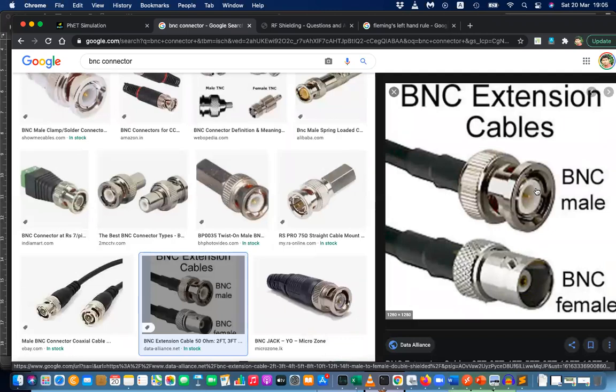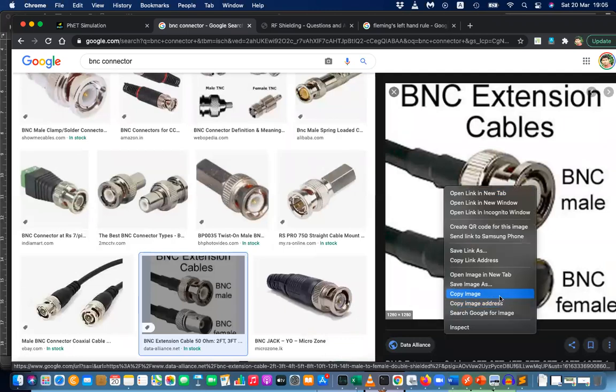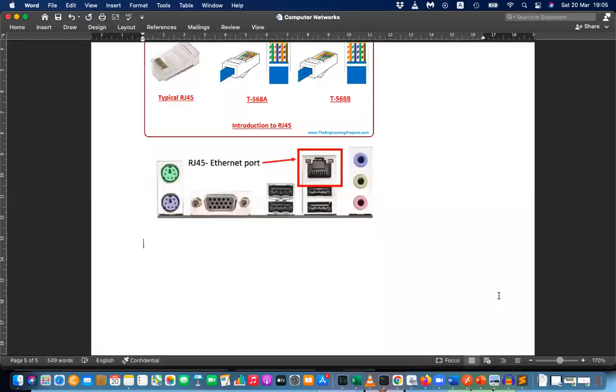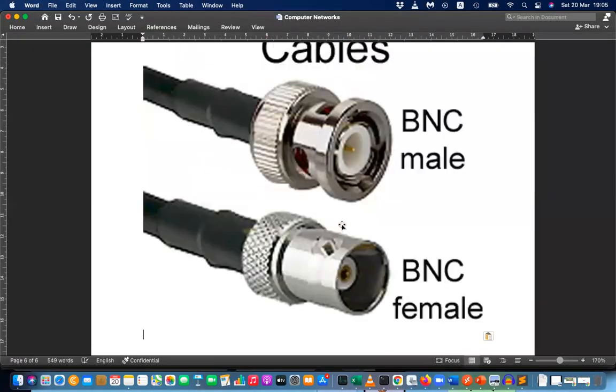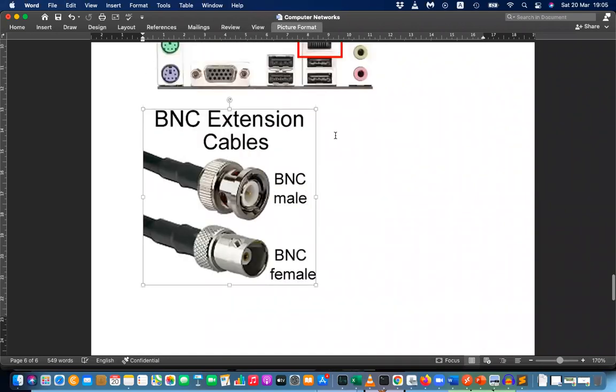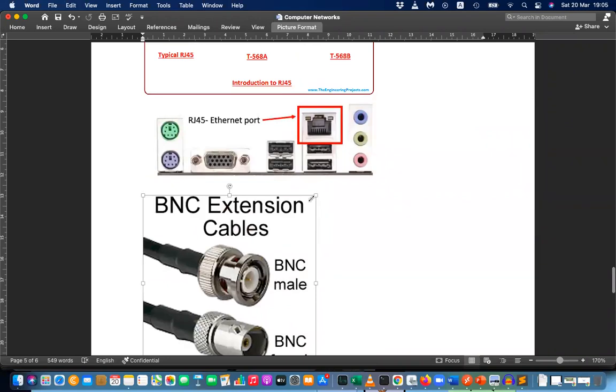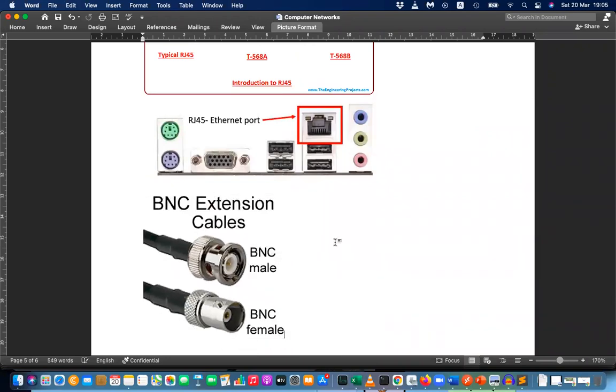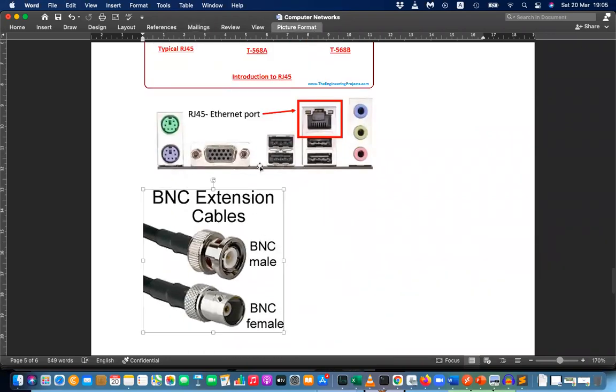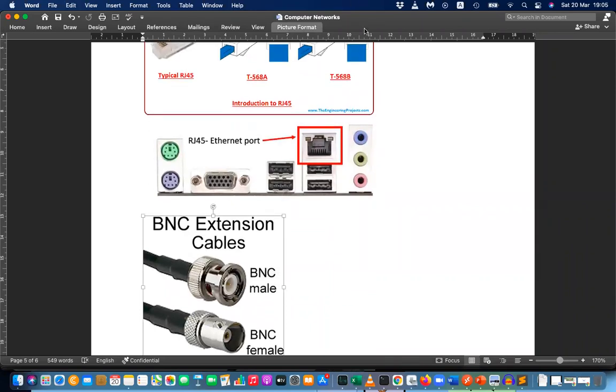So what is male and female? Because I'm asking the general things. What is male and female? Male port and female port. Situ, do you know? If you don't know, tell me.